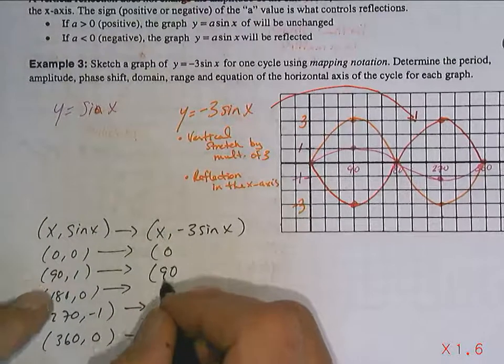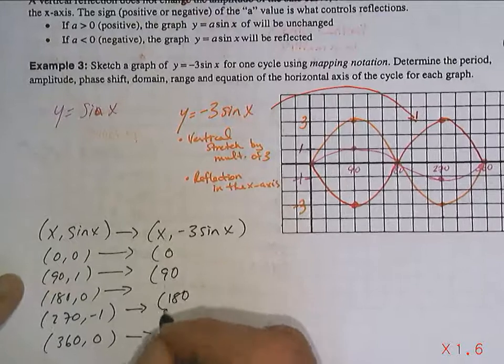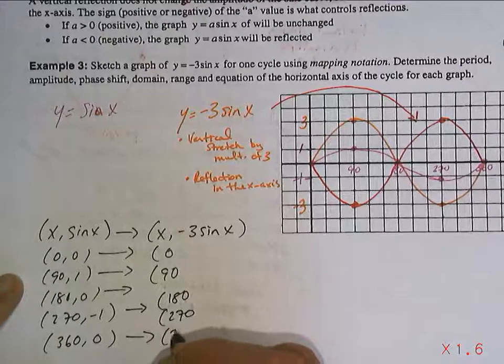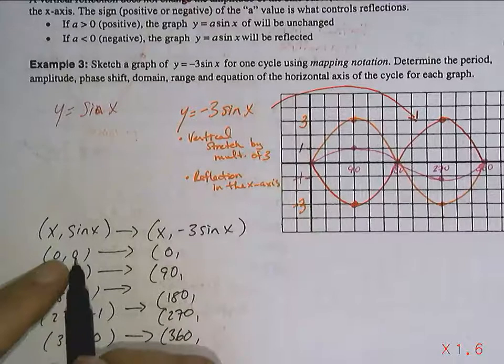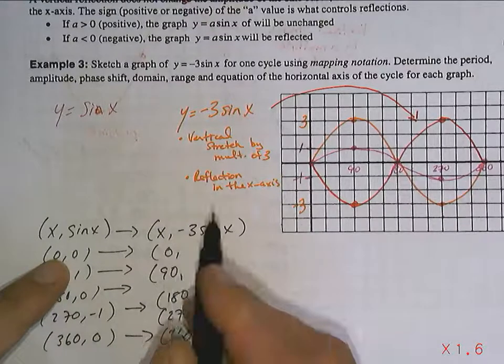They all have the same x's, but the zeros get multiplied by -3.